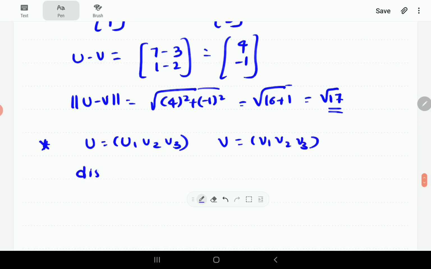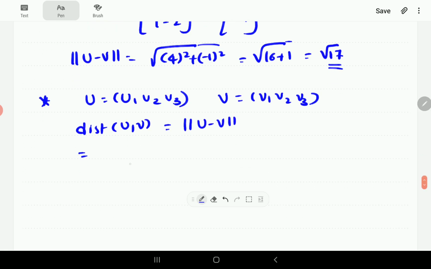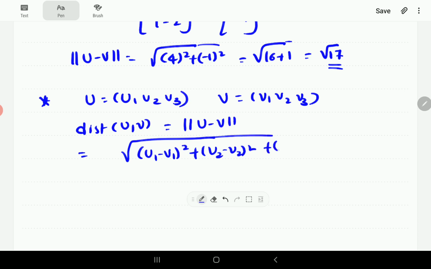Then the distance between u and v is still the norm of u minus v, which we find using the square root of (u1 minus v1) the whole squared, plus (u2 minus v2) the whole squared, plus (u3 minus v3) the whole squared. If it is up to n, you can just do it up to n terms. So this is how you find the distance between two vectors.